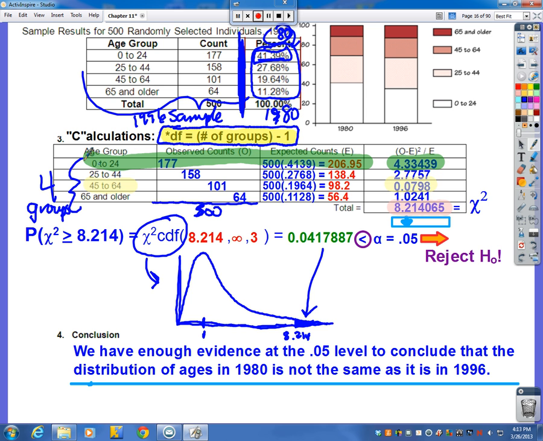We're saying overall, as a collective group, things are not the same as they were from 1980 to 1996. And really, our biggest contributors are our young people, and even the next youngest group. These two together contribute over 75% of our chi-square value here. So it's really looking like these values are significantly larger because what we observed was larger than what we had expected. And it's contributing a lot to our chi-squared, which allows us to reject our null hypothesis here.